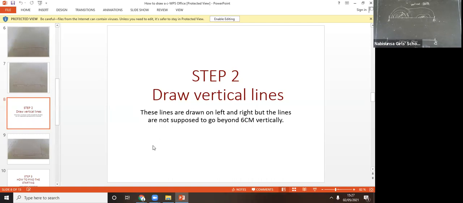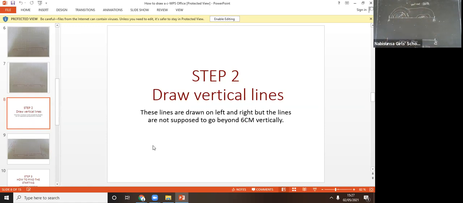Write it down. On this line we have drawn, on left we are going to draw a line going up, but the line we are going to draw on left is not supposed to go beyond 6 centimeters. That's the rule. When you are drawing a cross section, you are not supposed to go beyond 6 centimeters vertically.